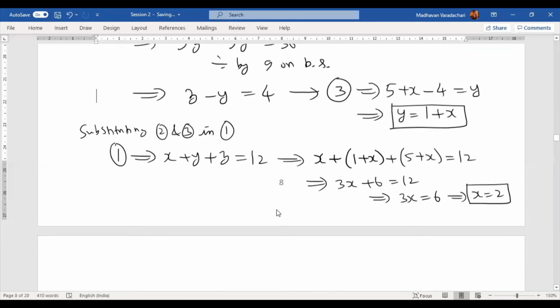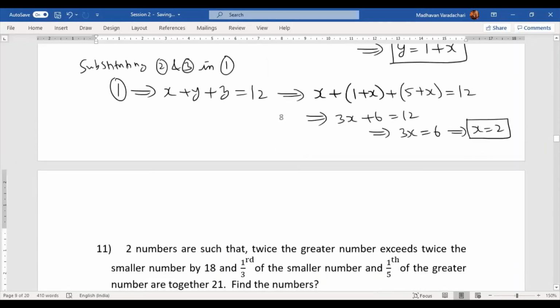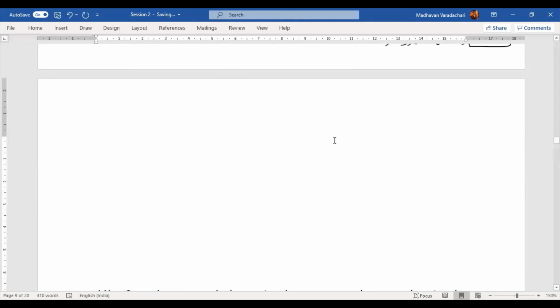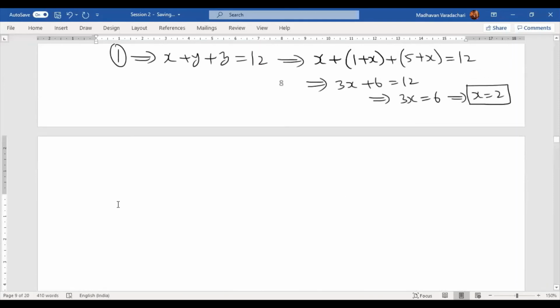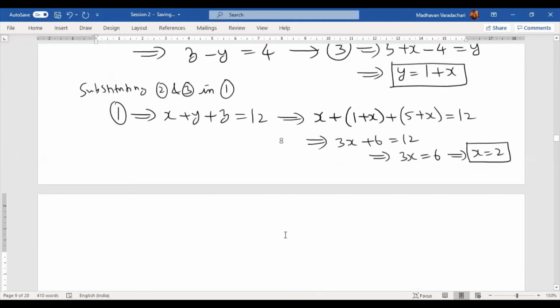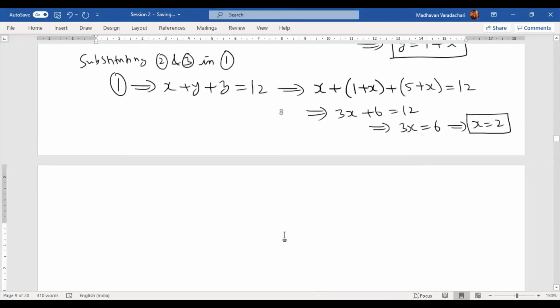Now we can find y and z. Once you have x, you can easily find y. We know from the third equation y is 1 plus x, which is 1 plus 2, that is 3.